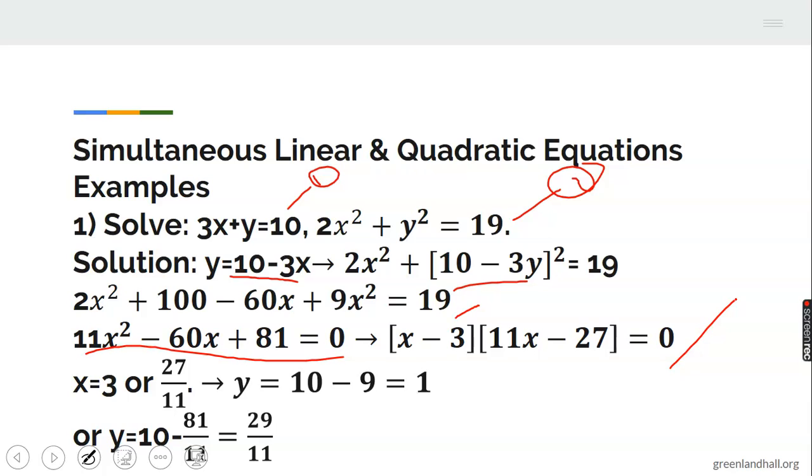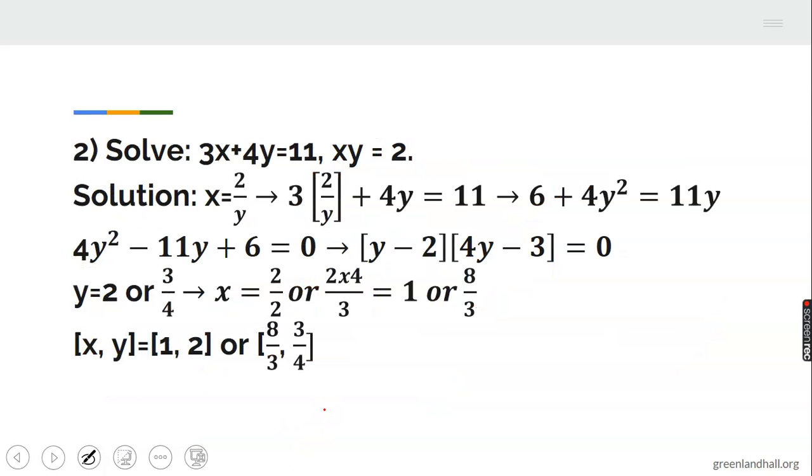So x is either 3 or 27 over 11. Now when you substitute for y, the first one is 1, that's 10 minus 9, and the second one is 29 over 11, which are the solutions.